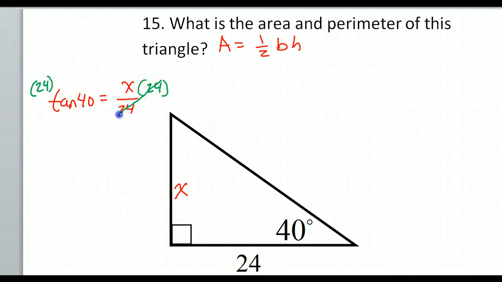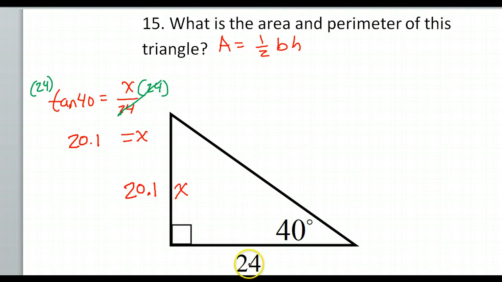That way these 24s cancel each other out. So that's going to tell me that x equals 24 tangent 40. Calculated, that is just 20.1. Okay, so that tells me that this side of the triangle right here is 20.1.